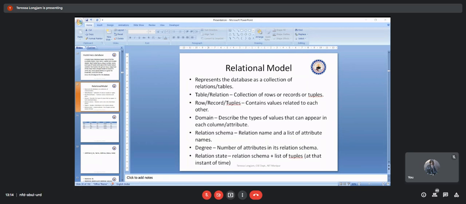We can't just write something in relational algebra to retrieve information from a database on our computer. Yes, it is a language, but it exists only in theory.